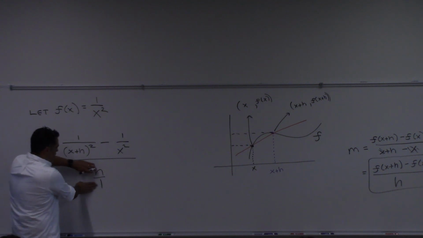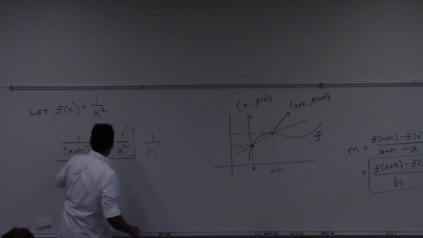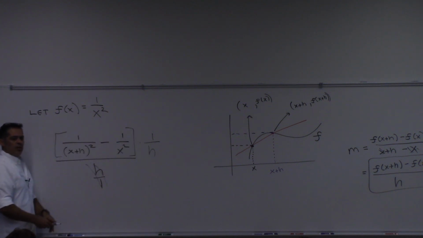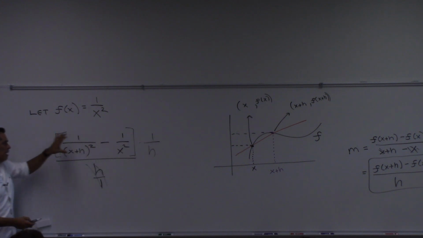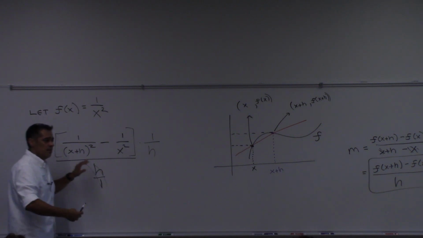If I flip this and bring this up as 1 over h, I'll be multiplying all of this by the 1 over h, right? This is gone. So what that problem is doing is just putting that 1 over h in front. You see? So what we're doing is preparing you for the type of algebra that you're going to need to do in calculus.